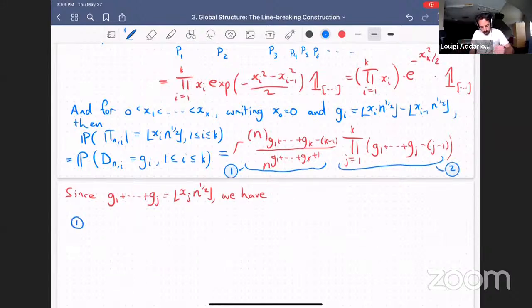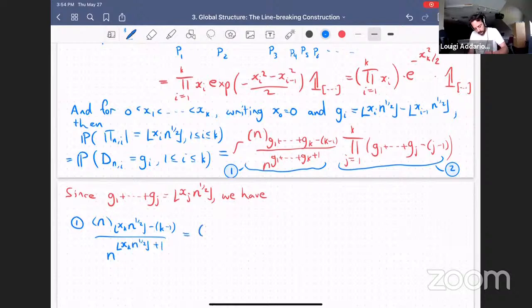So the first thing is n falling factorial xk n to the half minus k minus 1, divided by just n to the xk n to the half plus 1.